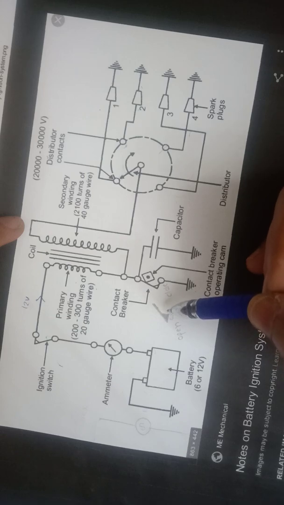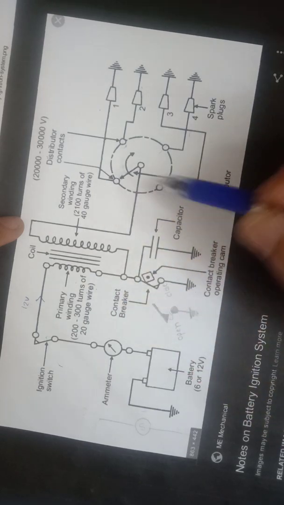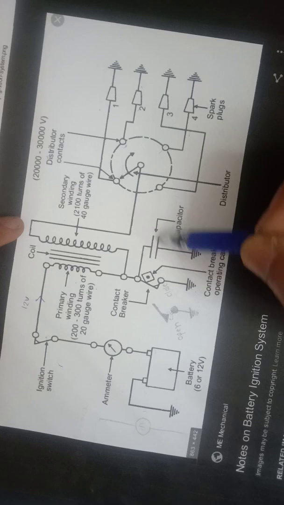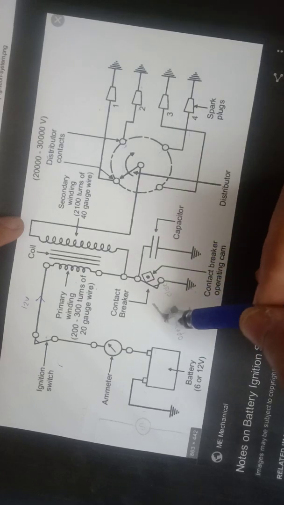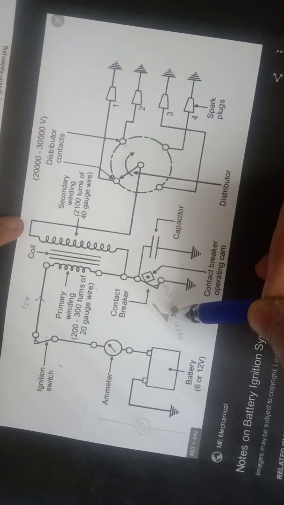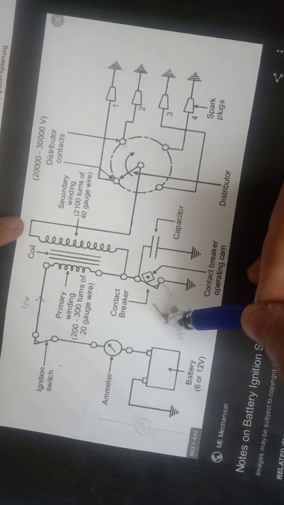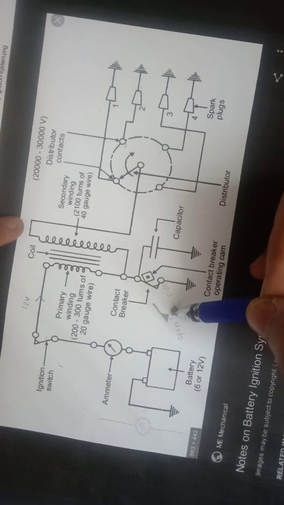If this complete setup is run without this capacitor, what happens? Continuous sparking will happen between these two terminals and continued carbon deposition will take place. A layer of carbon deposition will form between these two terminals, and this layer forms a bad conductor of electricity.